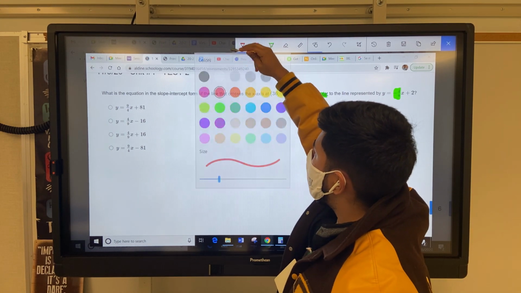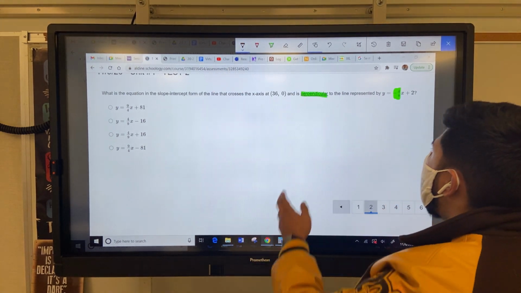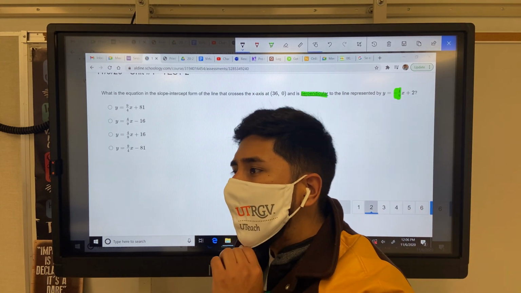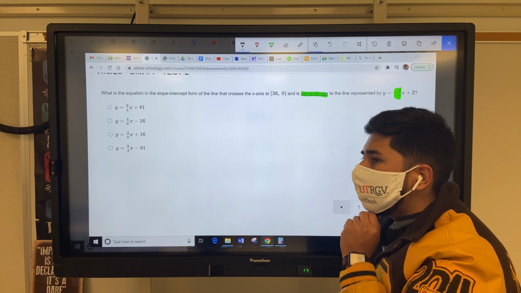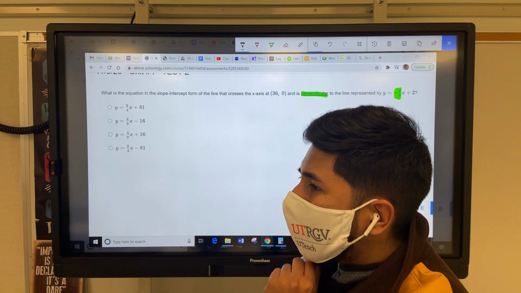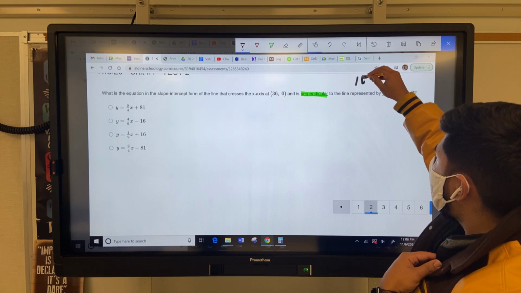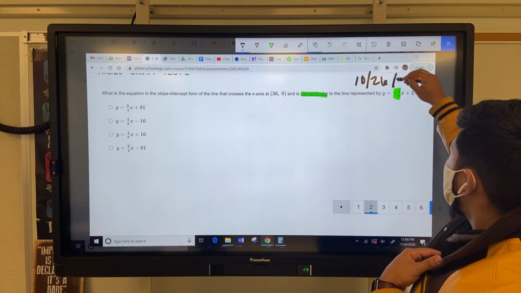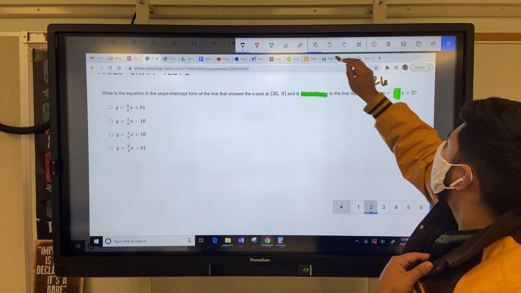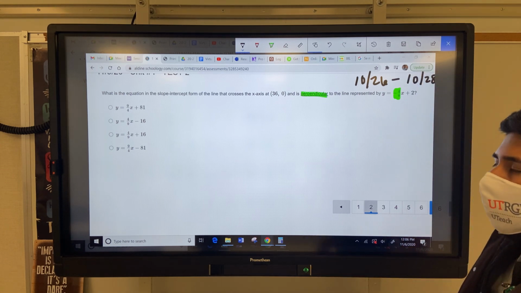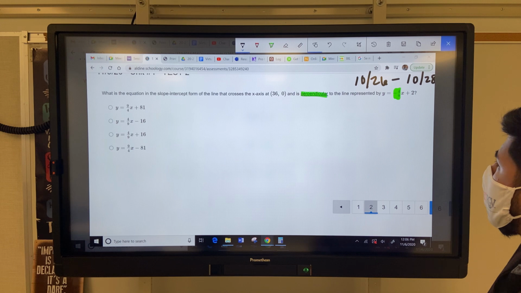Do yourself a favor: if you don't remember what I do to the slope, look back at our notes. It should be the folders between, let's say, October. Check folder 1026 through 1028. I think that's where the folder might be, so you can check out those notes.